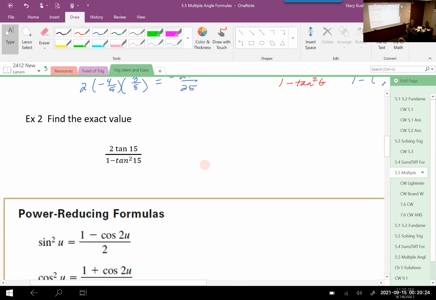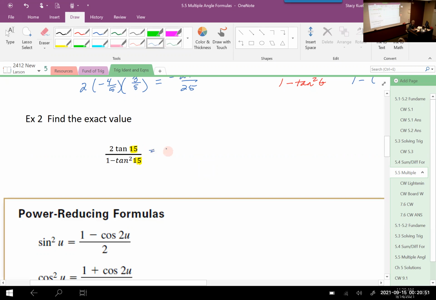All right, let's look at this one right here. It says 2 tan 15 divided by 1 minus tan squared 15. We practiced this yesterday, right? What does this look like? This is in the same form as our double angle identity for tangent. And the angle that we are looking at is 15, should be 15 degrees.